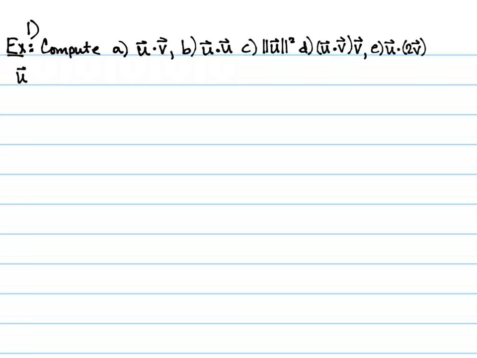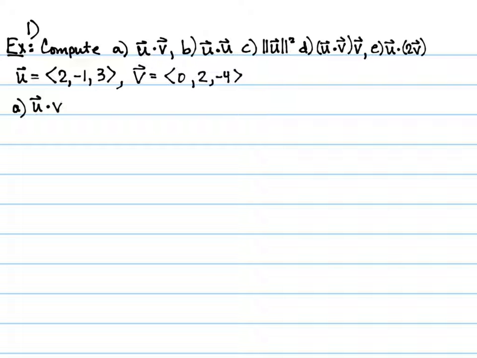And we need some vectors to make this work, so we're going to use the vector for u as 2, -1, 3. And for v, we're going to use the vector 0, 2, -4. All right, so u dot v, I'll probably show you a little bit more work than you really need to see, but just so that we have it clear and make sure everybody's on the same page as we start.